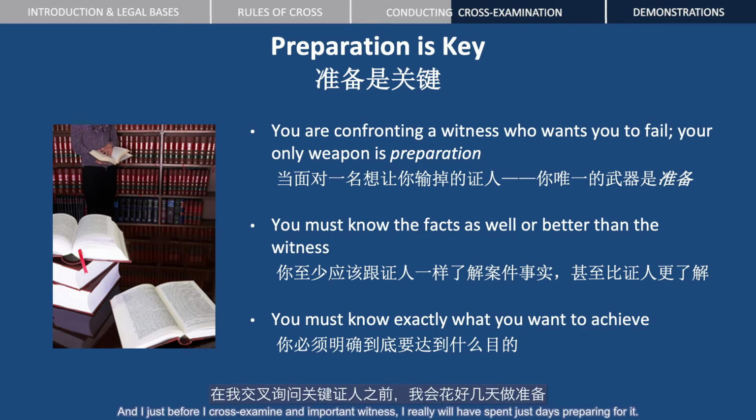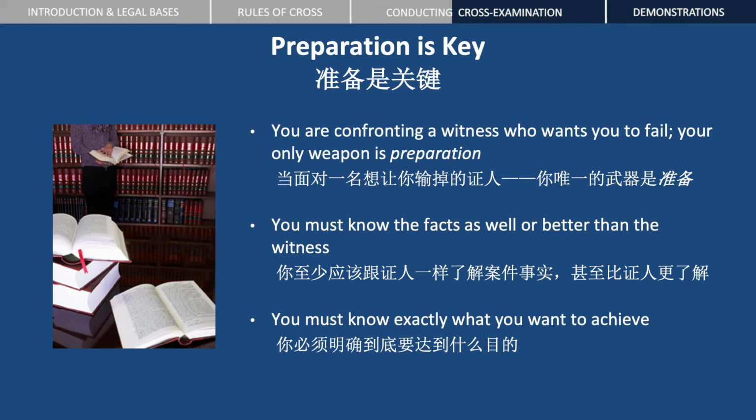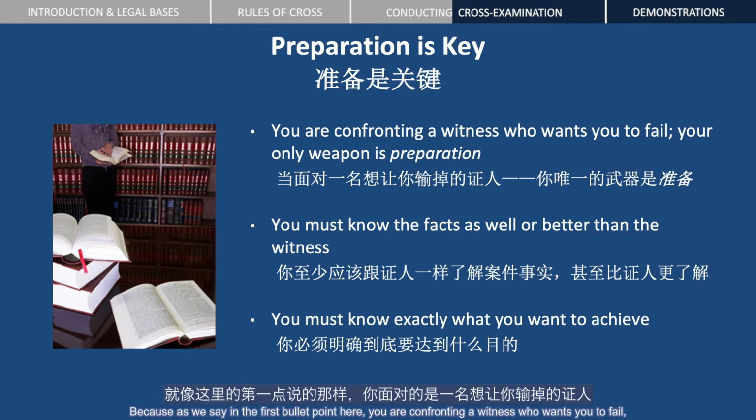Before I cross-examine an important witness, I really will have spent days preparing for it, because, as we say in the first bullet point here, you are confronting a witness who wants you to fail. And that is why cross-examination is so difficult.